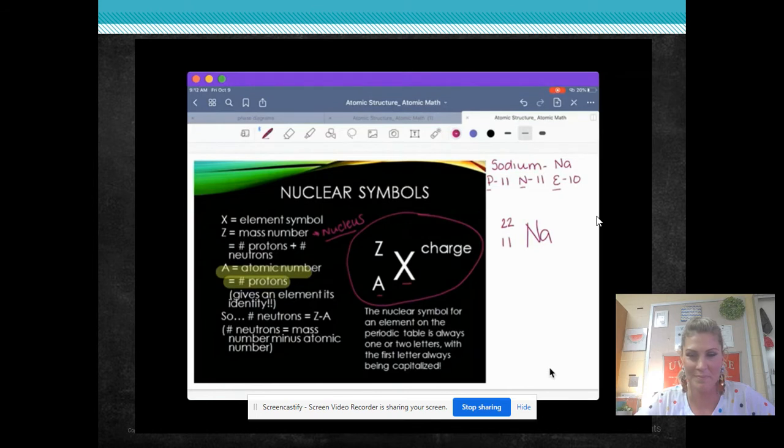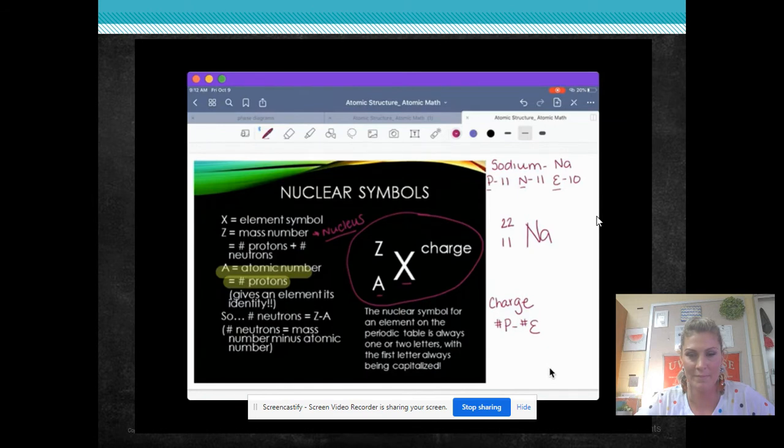Now the next thing you can see here in the upper right-hand corner is the charge. So how do we get charge? Okay, well, charge is really easy to find, because to find charge, you are going to take the number of protons and subtract the number of electrons, because remember when we discussed the subatomic particles, the proton has a +1 charge and the electron has a -1 charge.